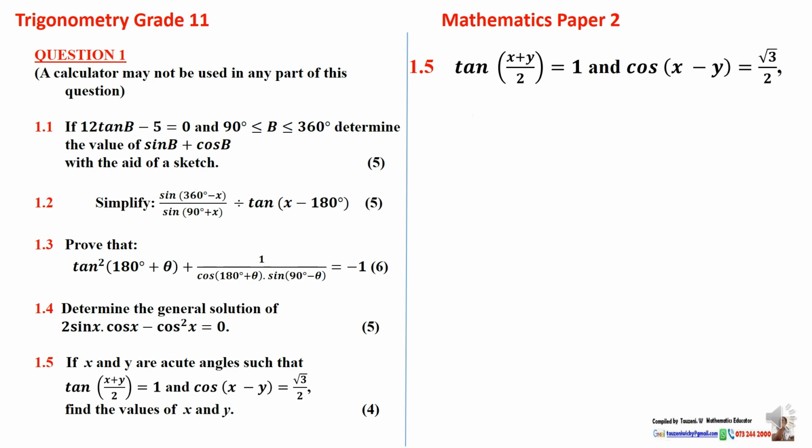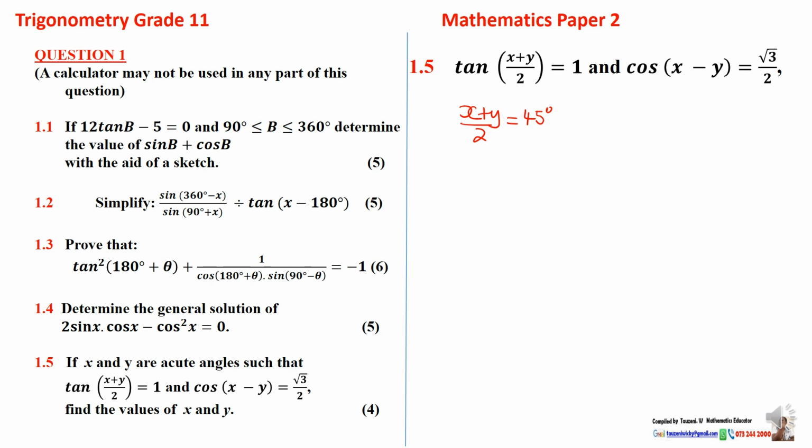So we know that tan 45 degrees is equal to 1. So definitely that means x plus y divided by 2 is equal to 45 degrees, because tan 45 degrees is equal to 1, and we have been told that the values of x and y are acute angles.